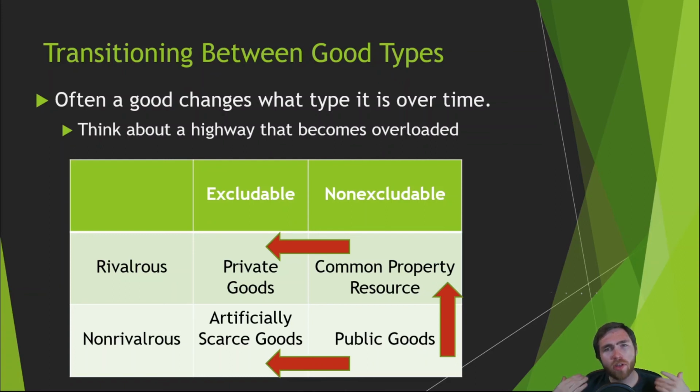Beyond a certain level of utilization, at a certain point, it becomes rivalrous. So now my use of a public highway is imposing costs on others through creating a traffic jam. And in this way, beyond a certain level of utilization, a public good can become a common property resource. So we go from an issue where we have problems with the free rider problem to the tragedy of the commons.